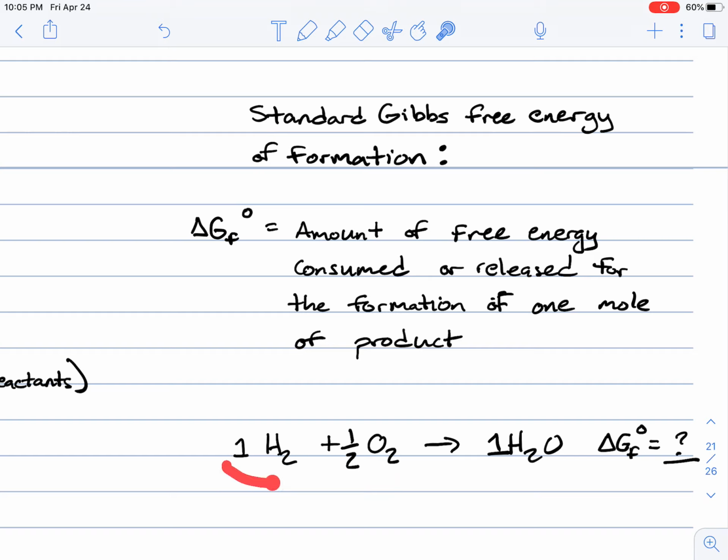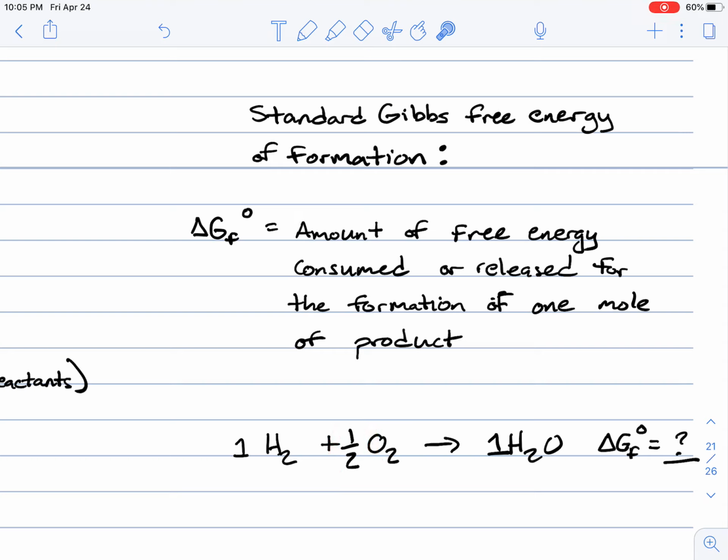And so here we have 2 hydrogen atoms, and we only need 1 mole of hydrogen gas. And since oxygen is naturally diatomic, then we only need one oxygen atom from this O2 gas, and we're going to represent that by writing 1/2 as the coefficient.